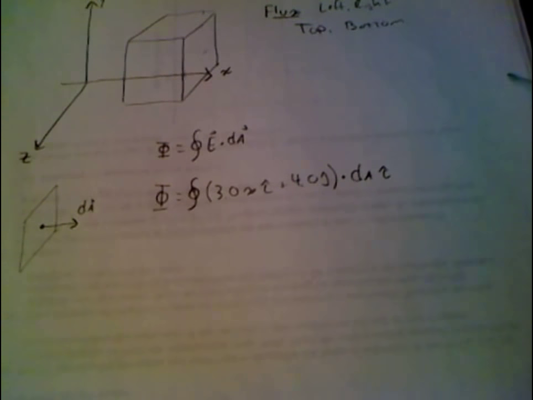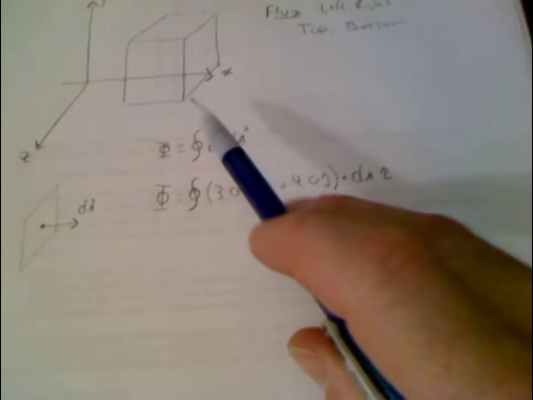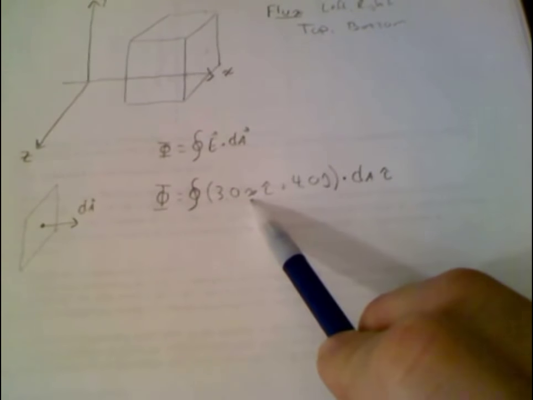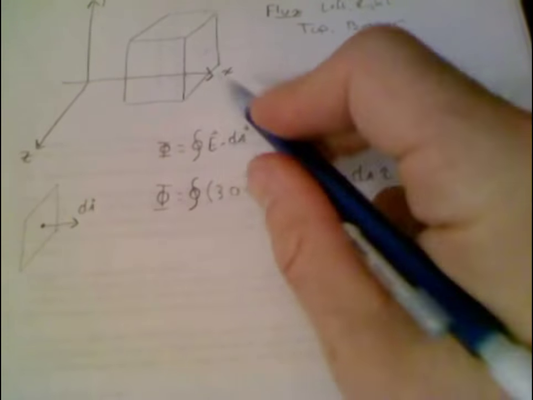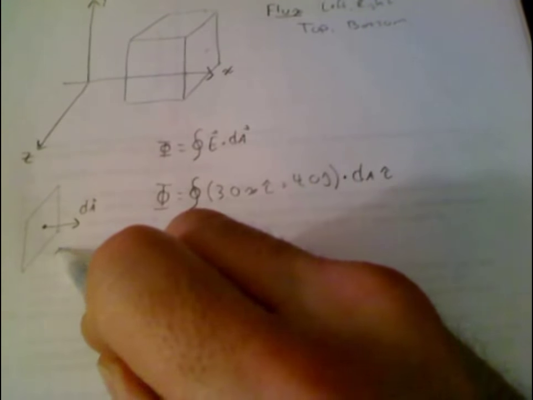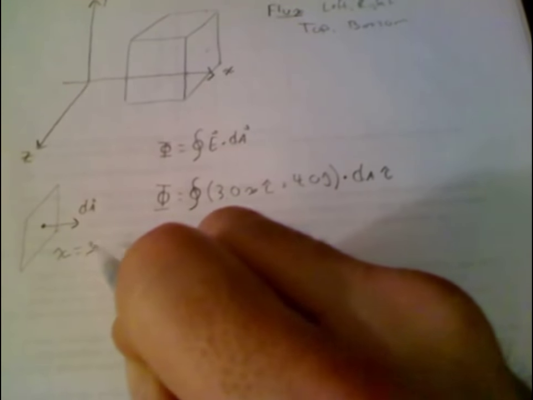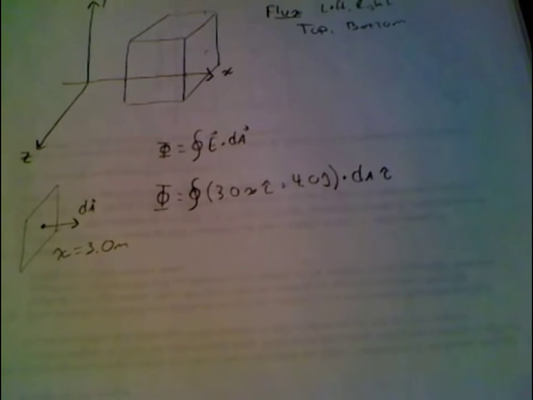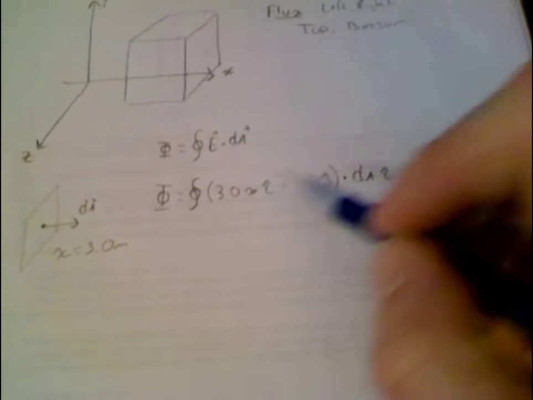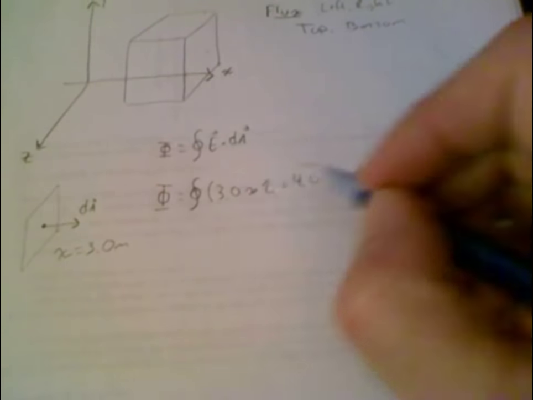So what do we notice? At my right face, I do have an x value, and I know that x is equal to 3.0 meters. That's going to become important. So I'm going to separate out my dot product.